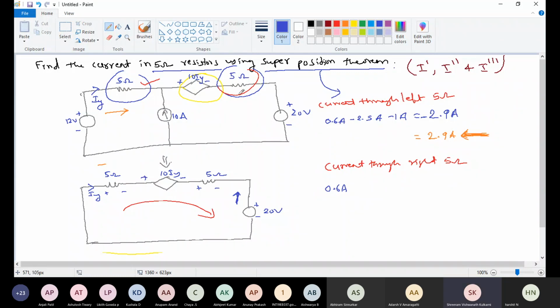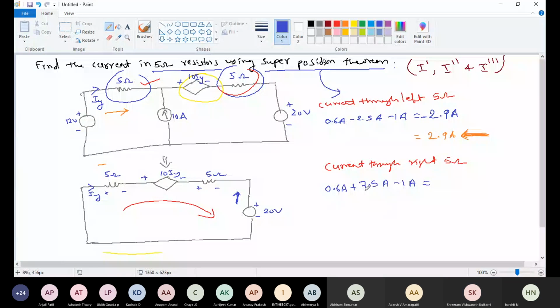Okay, the only difference when I am going to consider the current source alone, then the current flowing through both the 5 ohms is different. Now for current through this left side of 5 ohm is first 0.6 ampere, then plus 7.5 ampere, minus 1 plus 1 ampere.